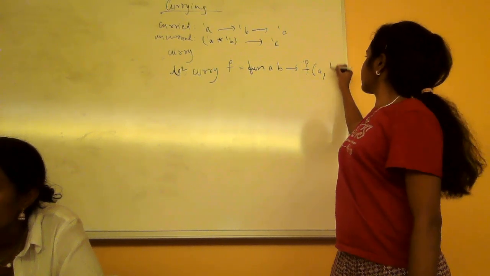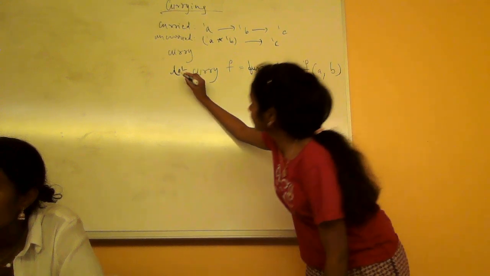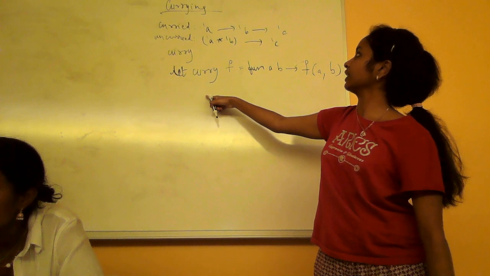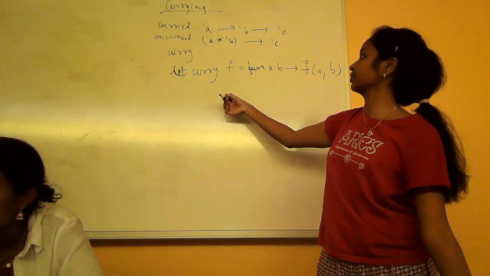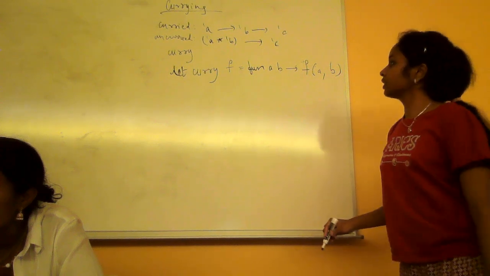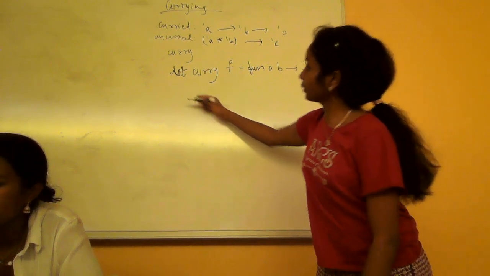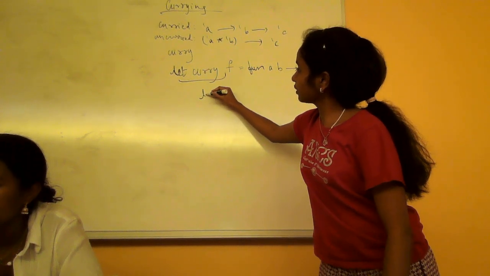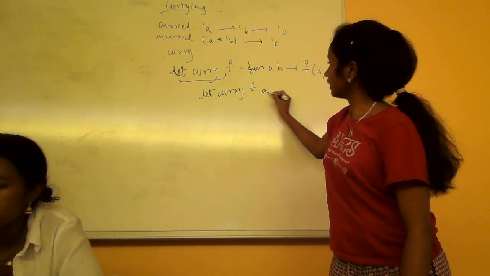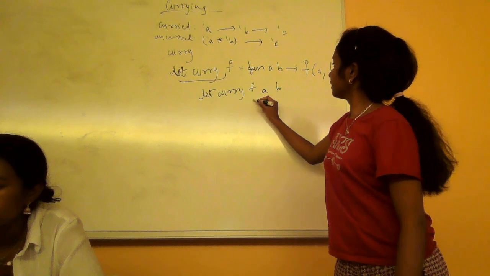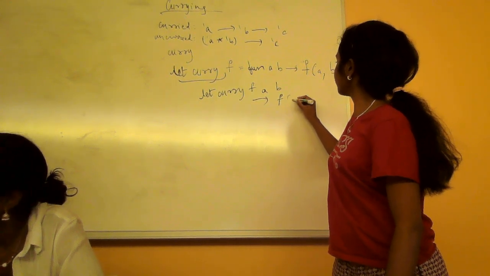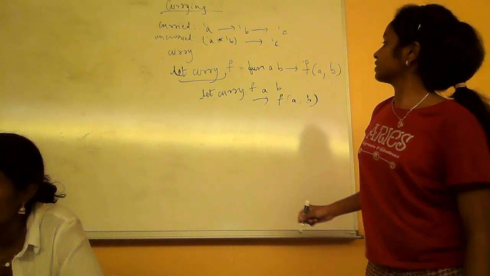So this is a higher order function called curry. It takes an argument, which is a function, f, because this is a higher order function. So what this does is when we apply this to arguments a and b, it's going to return function f applied to a, b.